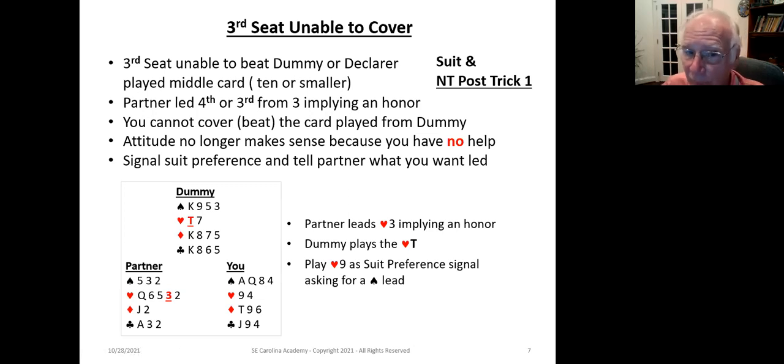If we played the 4, it would say, I would like you to lead a lower ranking suit, the diamonds or clubs. And the declarer would have to look at the dummy and their own hand to see which of those 2 suits you were asking to be led. This is a very, very nice suit preference signal, and it occurs quite frequently.